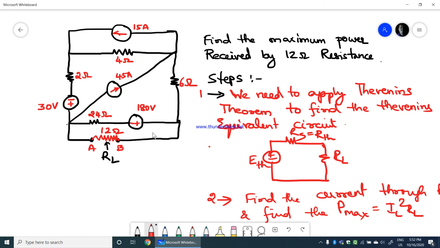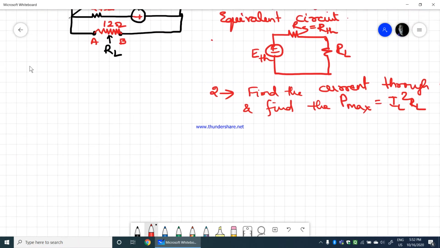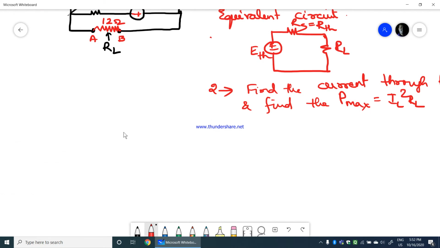To find the Thevenin's equivalent circuit, the first thing we need to do is find VTH. To find VTH, we remove RL and find the voltage across that open circuit, the voltage across that particular open circuit.